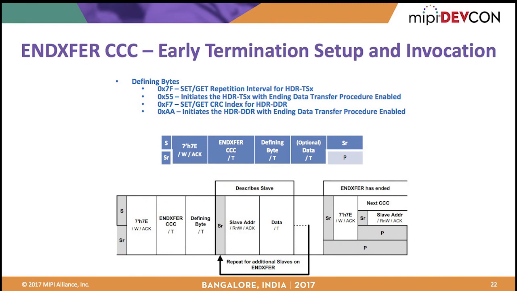I'd like to draw your attention to this new way in which we are depicting the CCCs. The new difference is that this is graphic, meaning that after you have a direct type of transfer of CCC, then you can repeat the transfer for each slave using the R or the W, meaning the read or the write bit, to inform the receiver, the slave in this case, what you want from it.